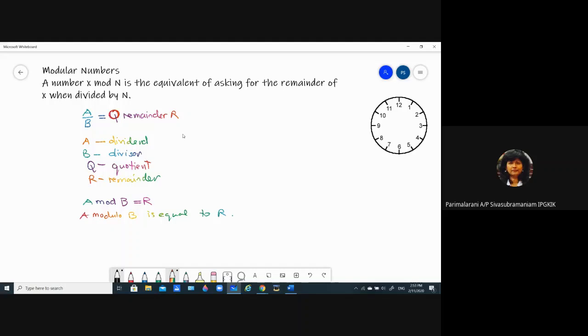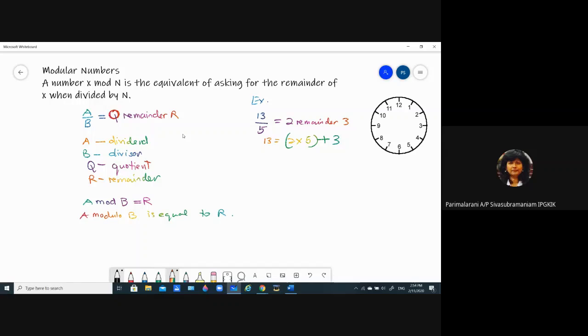Example, 13 divided by 5. You know that 13 divided by 5 is 2, remainder 3. Or we can write it like this: 13 is equal to 2 times 5 plus 3. There are 2 multiples of 5 in 13 plus another 3.